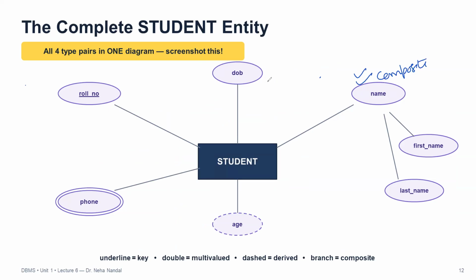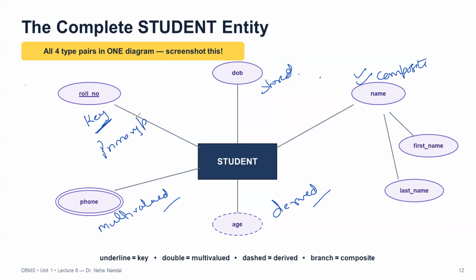I'm just giving you the names. Stored attribute. Derived attribute. Multivalued. And key attribute. It is also called as primary key. Please remember this. It is also called as primary key.